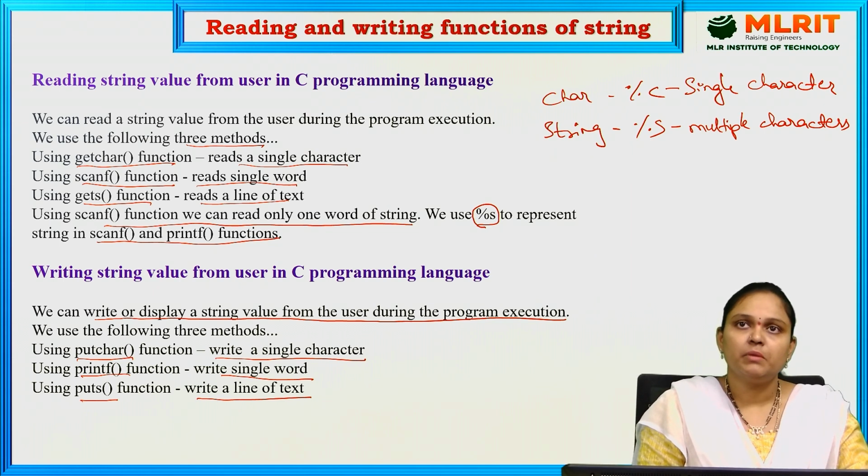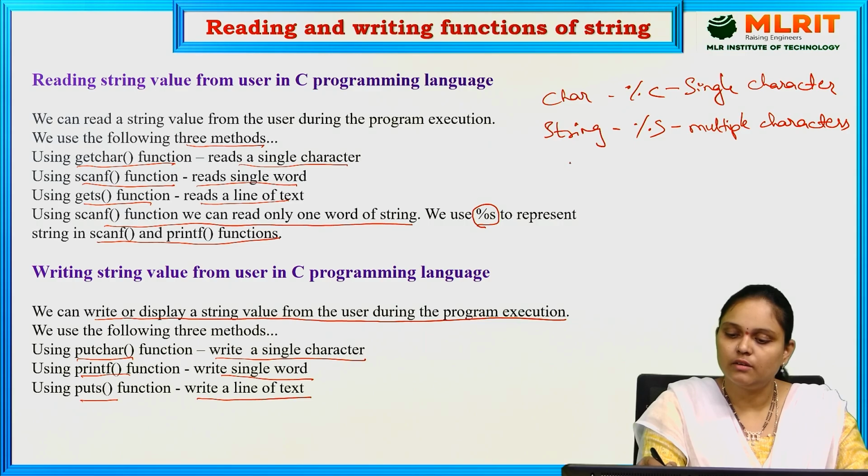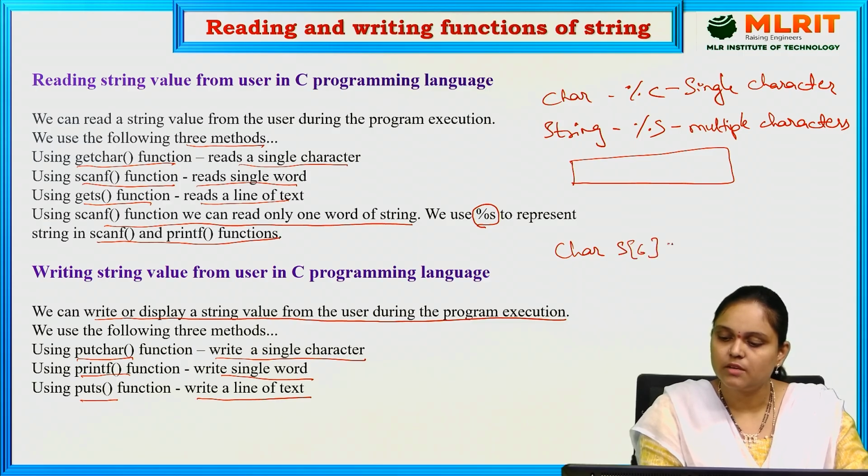And coming to the memory allocation of a string, whenever we declare or initialize some values to that particular string, as we discussed the memory allocation in the 1D array, it will be initialized. See, suppose we are taking hello. So here we have declared char s[6] equals hello.